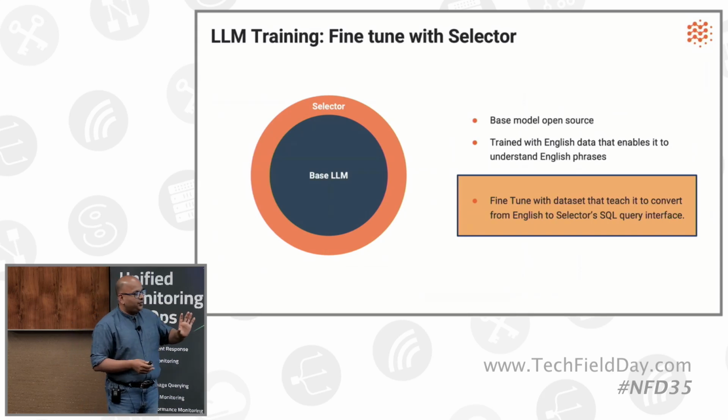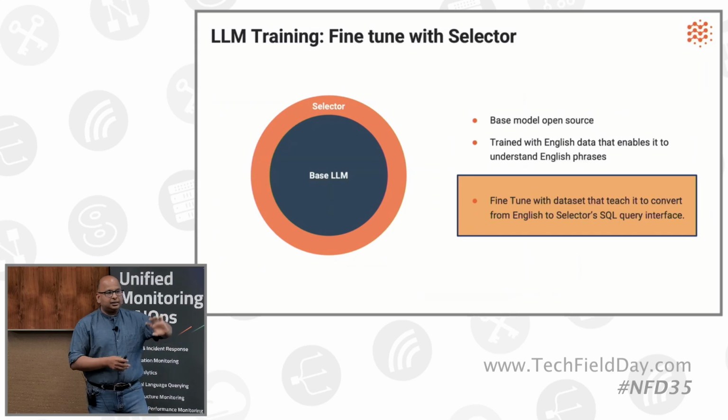Note that this is customer independent. This part of the fine-tuning has nothing to do with our customers, because all we are teaching the model is how Selector thinks network data needs to be mapped. And this training happens in our cloud, because it doesn't depend on customer data. We train this model and we publish it periodically to our deployments.